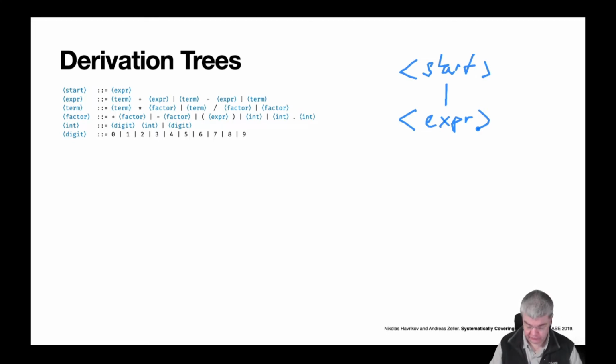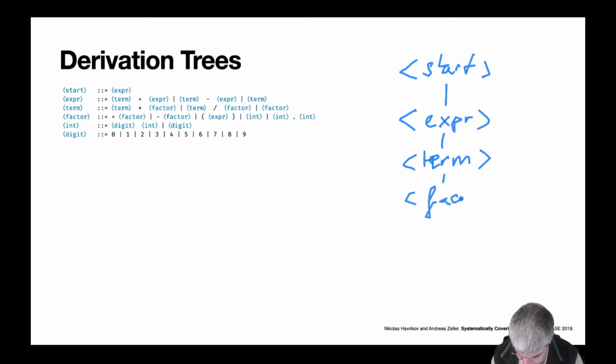And we can continue this again and again. We can, for instance, replace expression by term. Here we have term. And a term becomes a factor. And a factor becomes, say, we're going to make this easy, an integer. And let's say the integer becomes a digit and another integer.